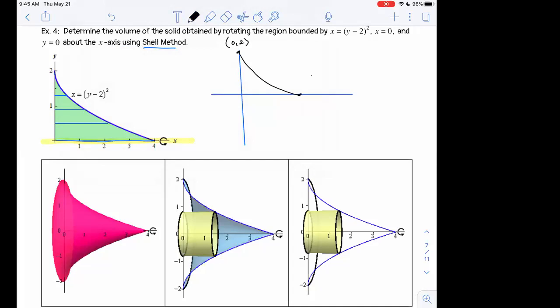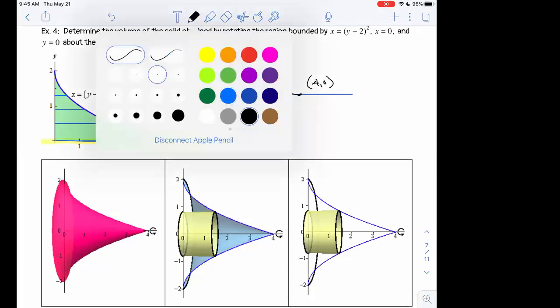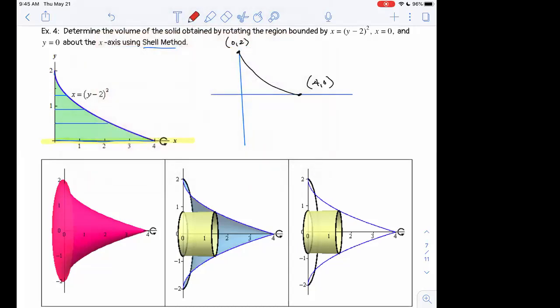We know that this is (4, 0) from our graph. And if we drew the reflection after we revolved it, we would end up with something kind of like that. And that's reflected across our axis of revolution.